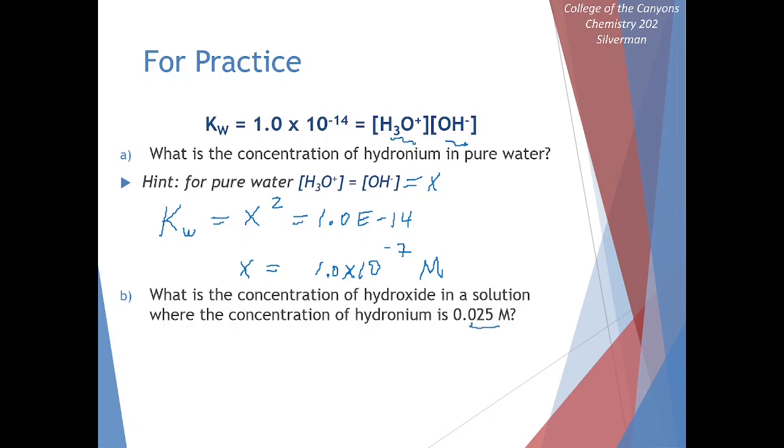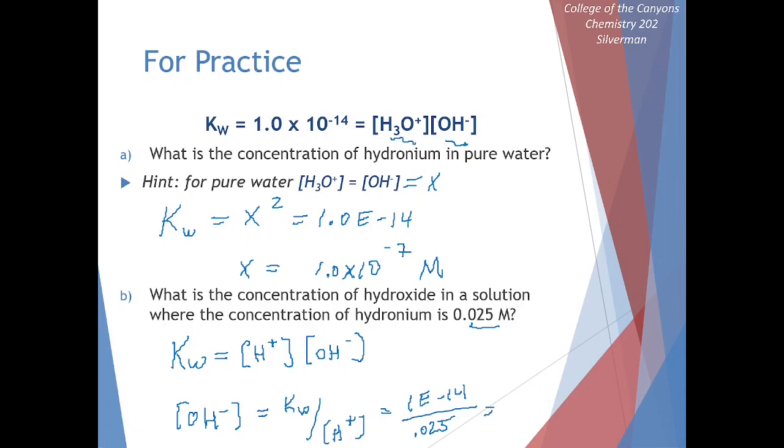So if we have a known concentration of hydronium, we can use that to solve for our concentration of hydroxide. And so here we go. We can do a little bit of algebra. The amount of hydroxide in this case is 4 times 10 to the negative 13th molar. And as promised, we can use H3O+ and H+ somewhat interchangeably.